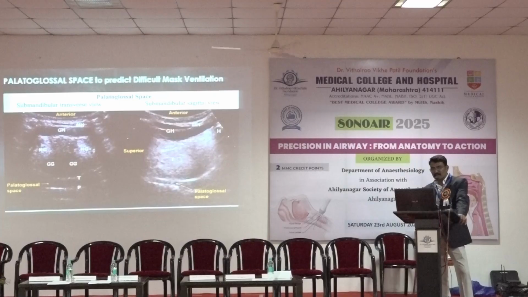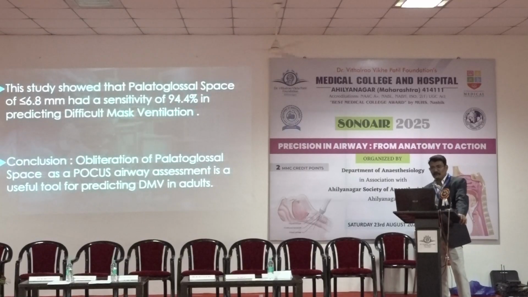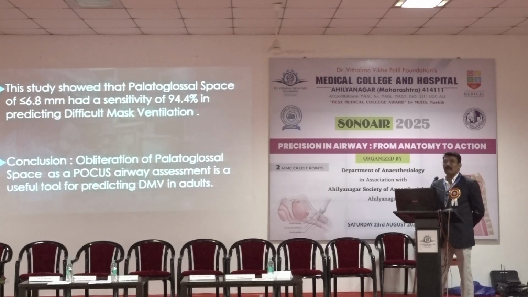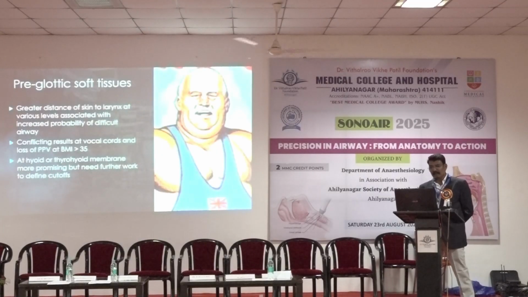Another, this is the same slide, how to find out the palatoglossal space here. So we are approaching the end of my session, where we are using the pre-glottic soft tissue thickness, where we have seen a lot of people with a large chin or who are obese or have BMI more than 35.